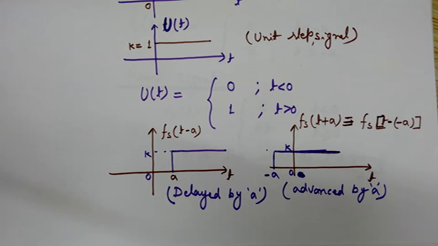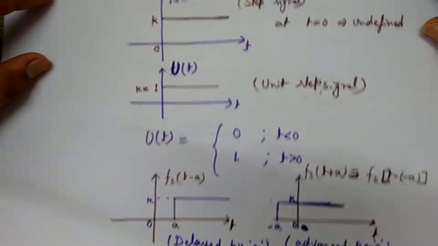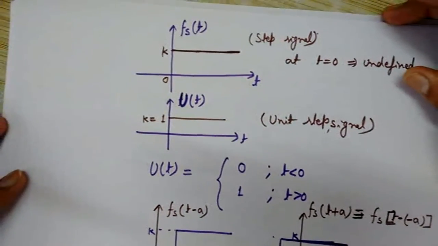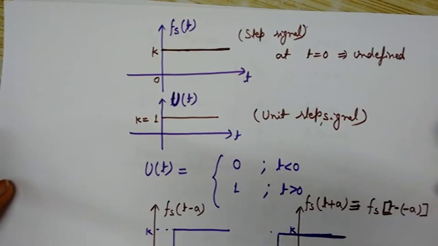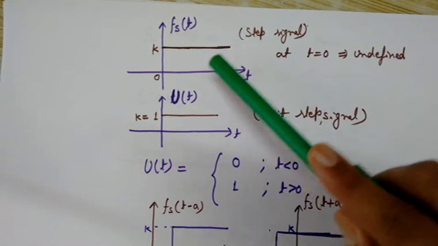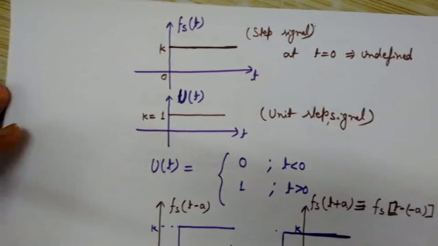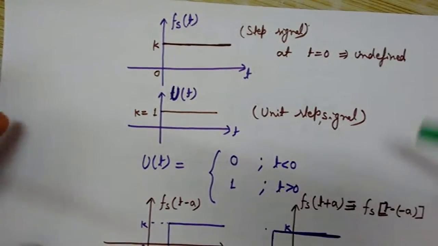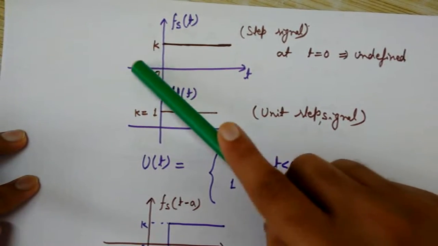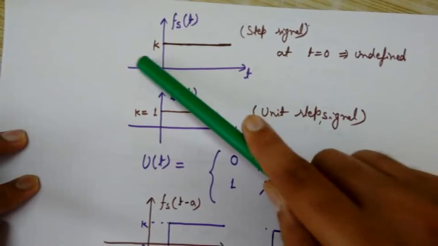Here I have drawn how a step signal looks. This is the diagram of a step signal. As you can see, its value is 0 for all values of time less than 0. In the negative time axis its value is 0, it doesn't exist.